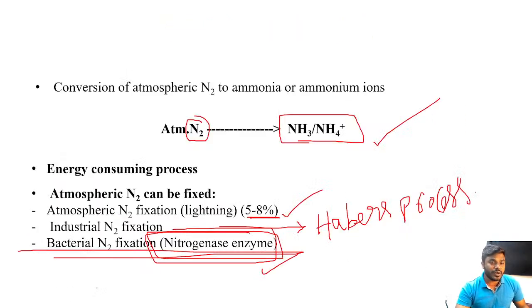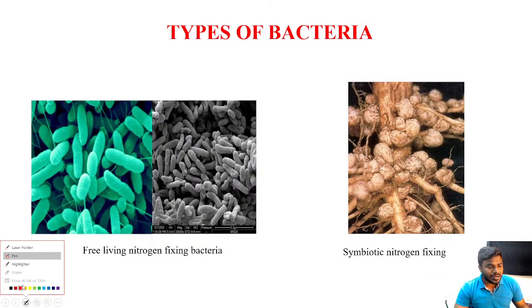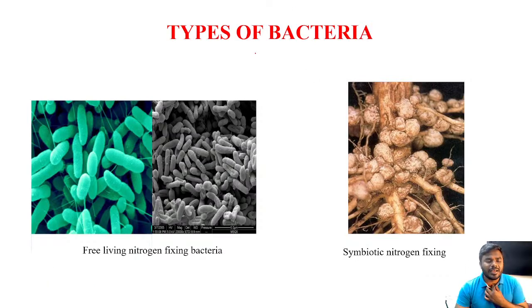Now let's try to understand elaboratively the different types of bacteria involved in this nitrogen fixation. Friends, all the bacteria involved in nitrogen fixation are broadly categorized into two types. One we call free living nitrogen fixing bacteria. The next one we call symbiotic nitrogen fixing bacteria.